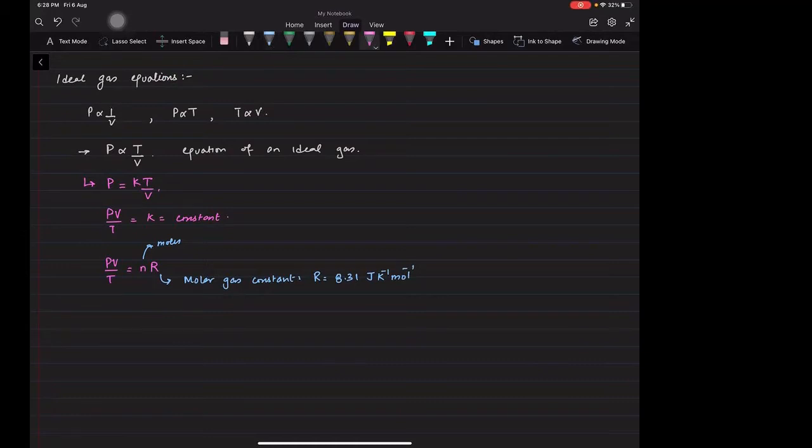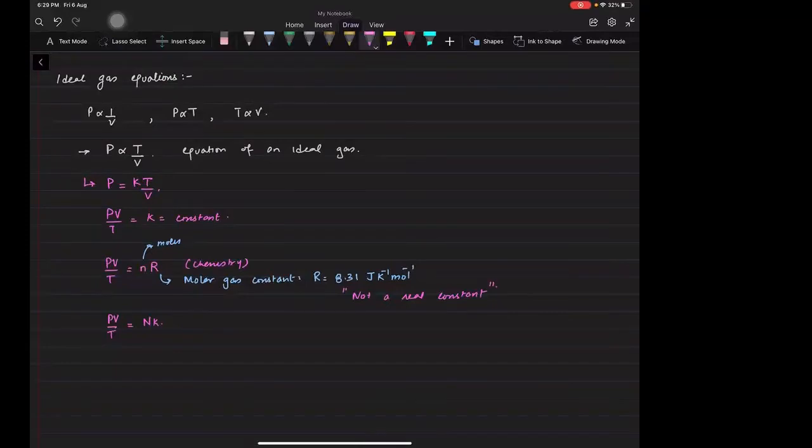ये एक chemistry की equation. This is generally used in chemistry. Also अब physics में use होगी, but this is not a real constant. This is why chemistry is all fake. Because now I'm going to tell you what physics has told us. So according to the real equation, which was derived by Mr. Boltzmann, who is a physicist, not a chemist, he has said that actually PV upon T is equal to NK.